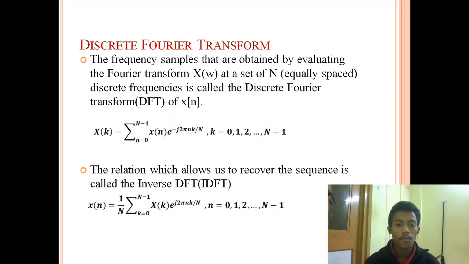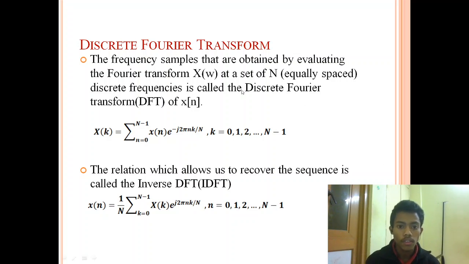In general we apply the Fourier transform to analyze the signal. In a practical sense we cannot analyze the continuous discrete time Fourier transform in a digital system like a computer, so we need to discretize it. We need to sample the frequency response of the signal. So here the discrete Fourier transform comes into the picture.